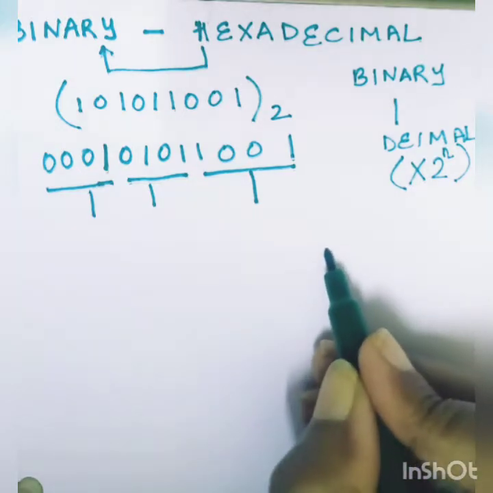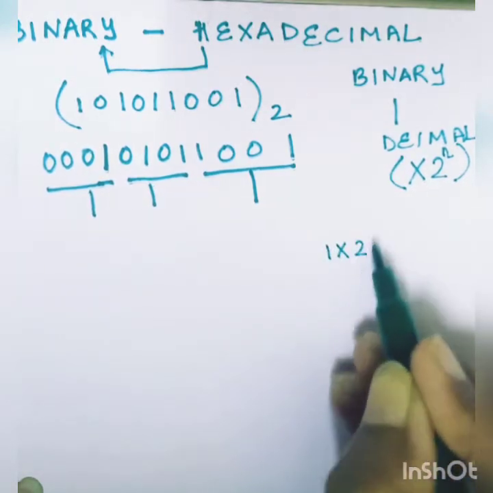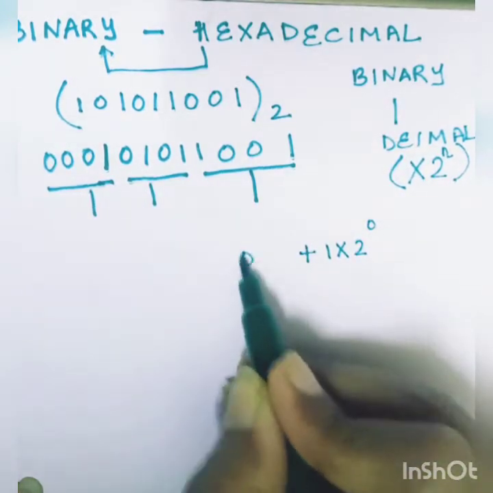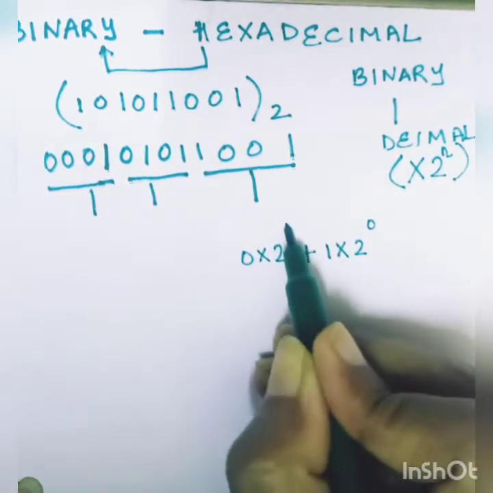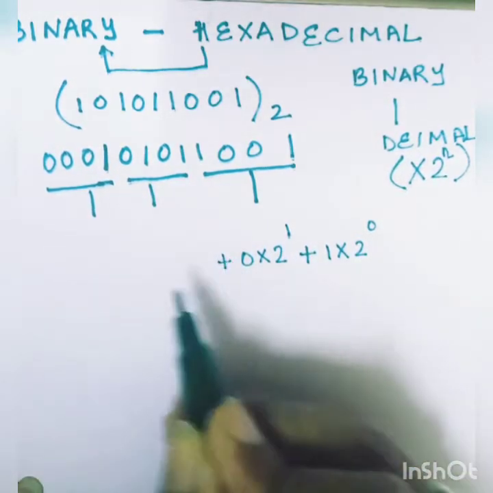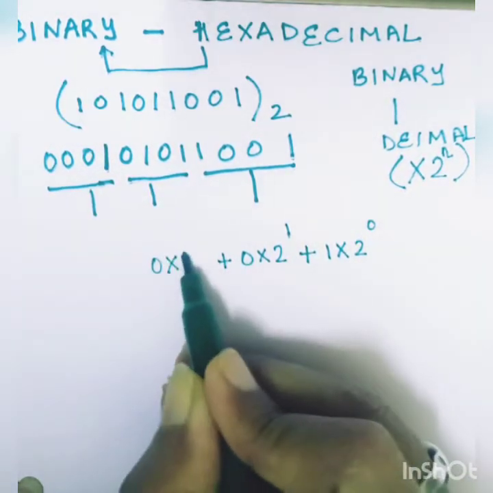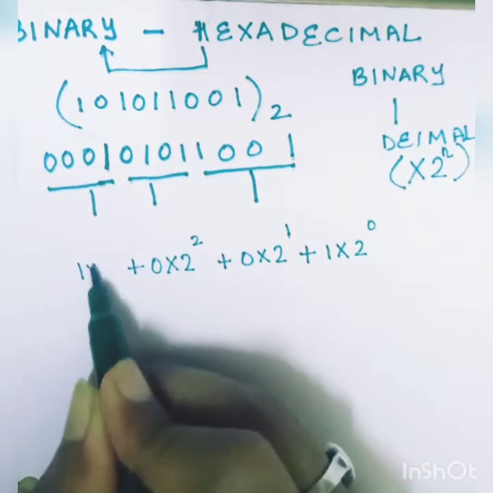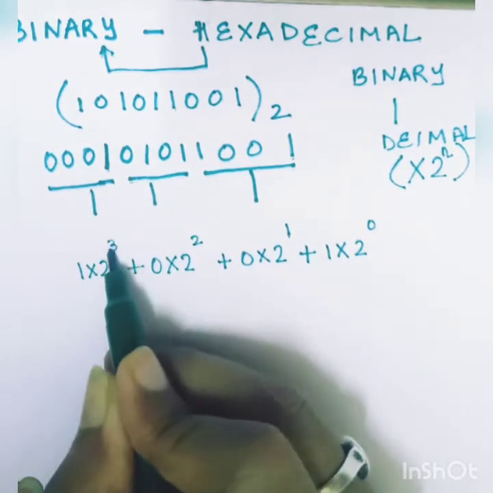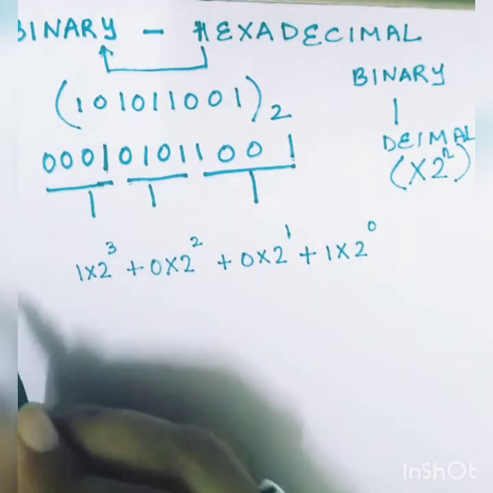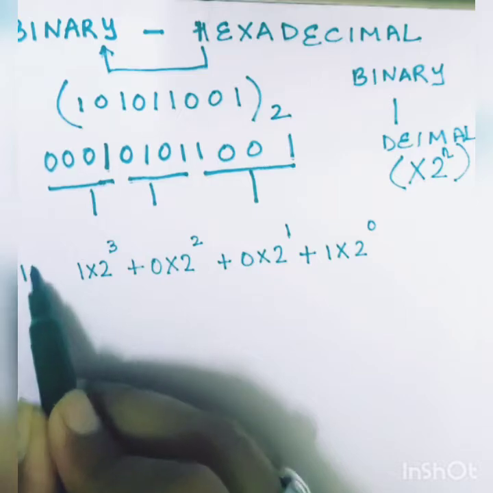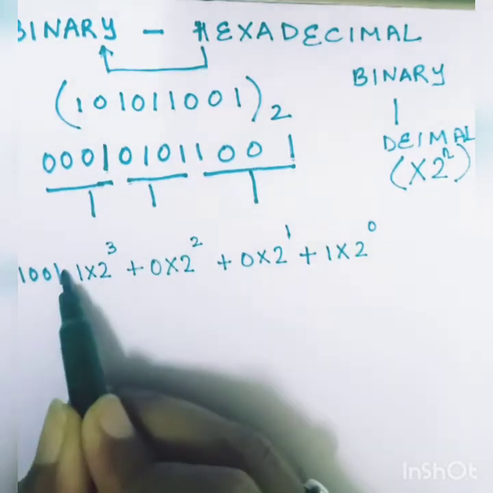So it will be 1 into 2 to the power 0 plus 0 into 2 to the power 1 plus 0 into 2 to the power 2 plus 1 into 2 to the power 3.